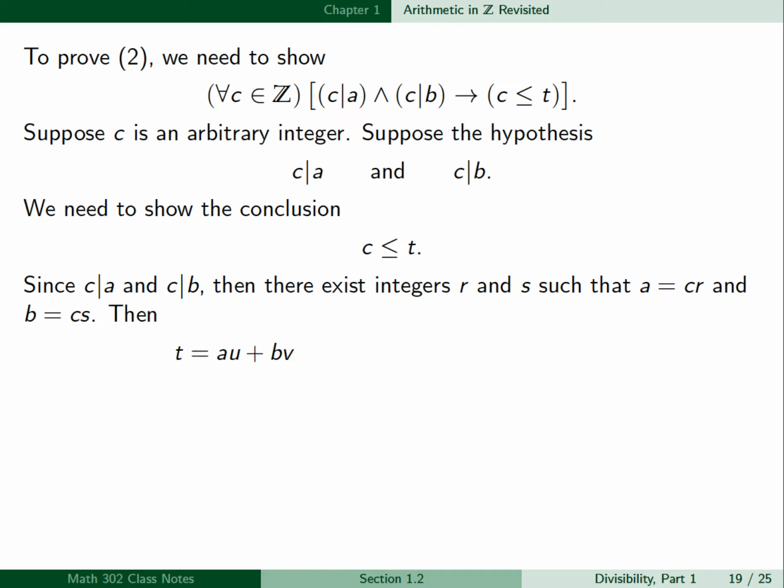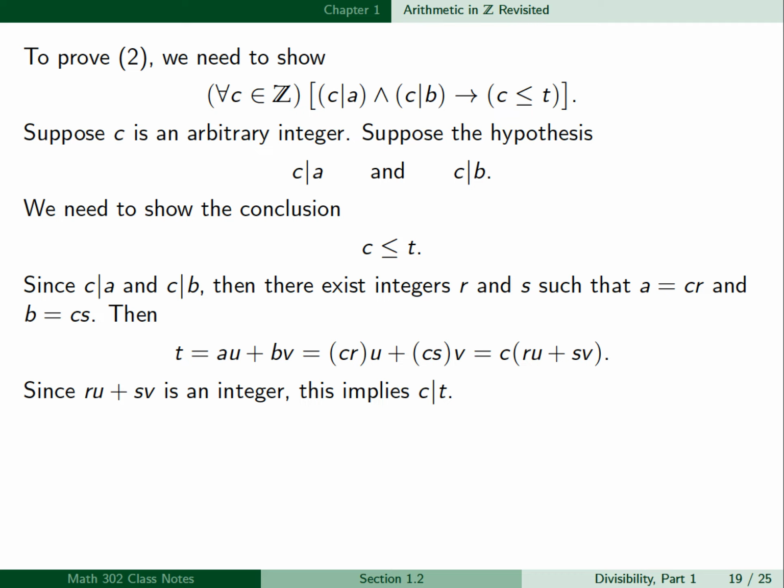Then t, which was equal to au plus bv, substituting for a and b, we obtain cr times u plus cs times v. And we can factor a c out of that. This will be c times (ru plus sv). And since ru plus sv is an integer, this implies that c divides t.